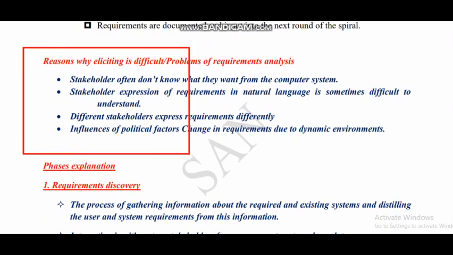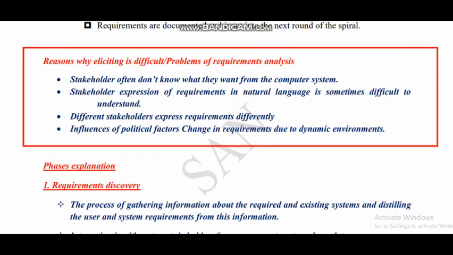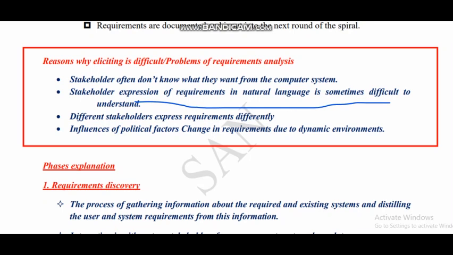Somewhere they say that collection of information is not so easy. Requirement collection sometimes is a very difficult task. Why is it a difficult task? Because sometimes the customer doesn't know what they exactly want from the system. Sometimes the customer explains it in natural language, which is a bit difficult for the developer to understand.